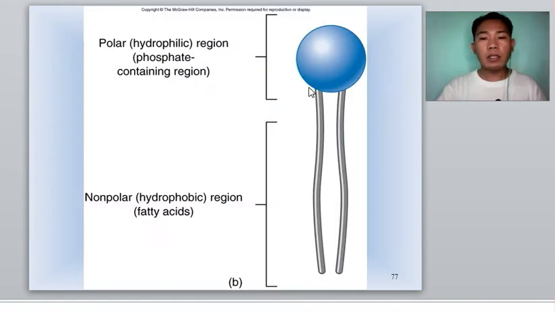This illustration is a typical structure of a phospholipid. The polar head, which is hydrophilic, contains a phosphate-containing region, and this portion is the non-polar or hydrophobic region that is made up of fatty acids.